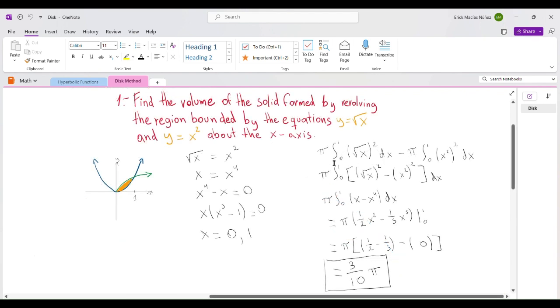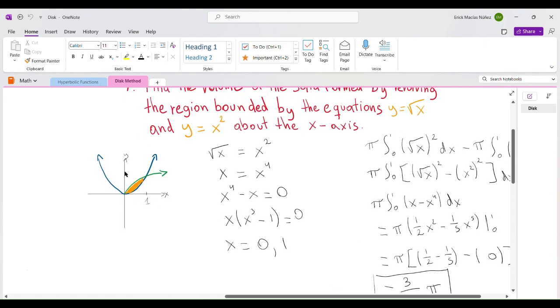Now I have a problem for you. The first one says, find the volume of the solid formed by revolving the region bounded by the equations y equals radical of x and y equals x squared about the x-axis. First of all, you want to start with the graph. The graph always helps, so focus mainly on the graph.